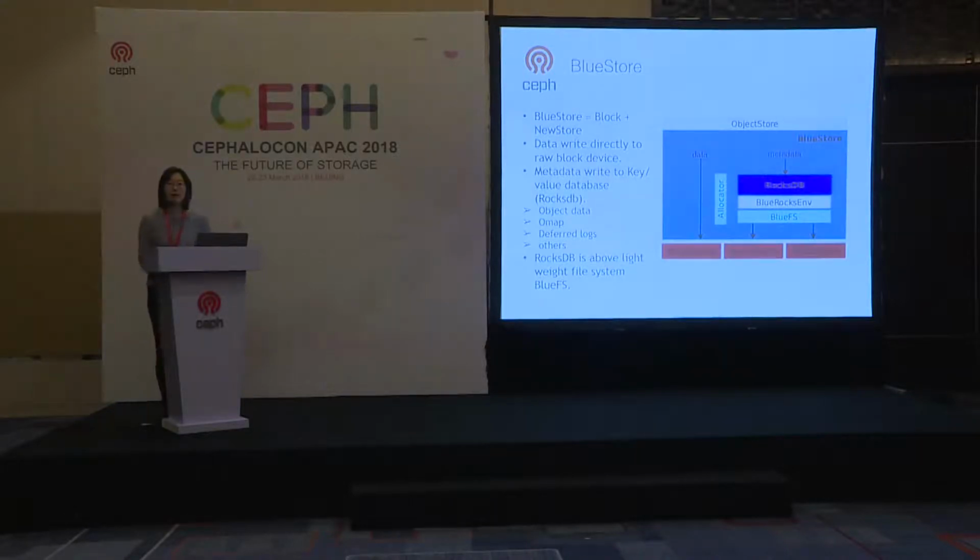Let's look at the overview of BlueStore. This picture is from Sage, I think. Next, FileStore. FileStore uses a file system to store its data. But BlueStore operates on the raw disk directly, so it includes two parts.